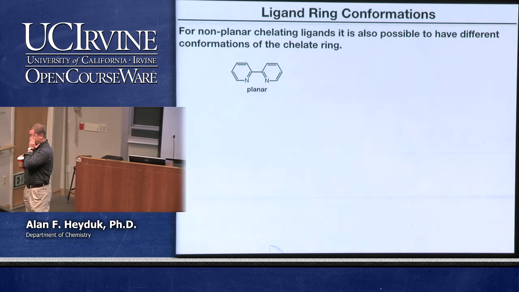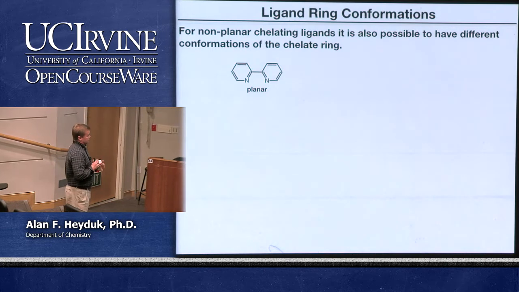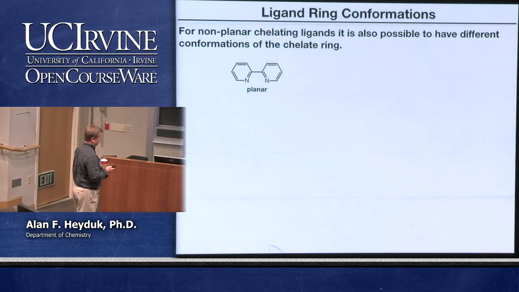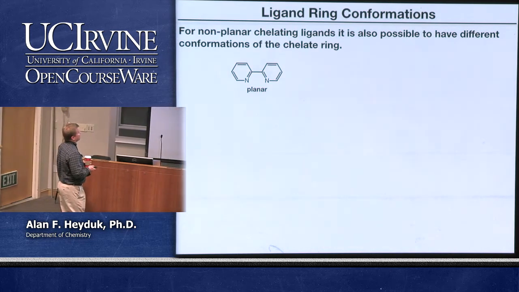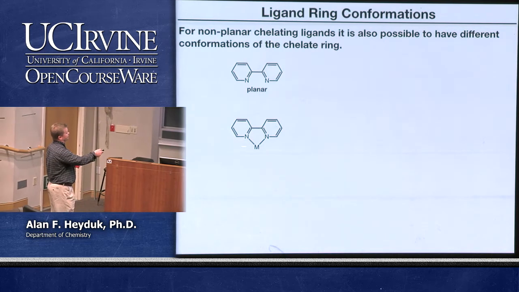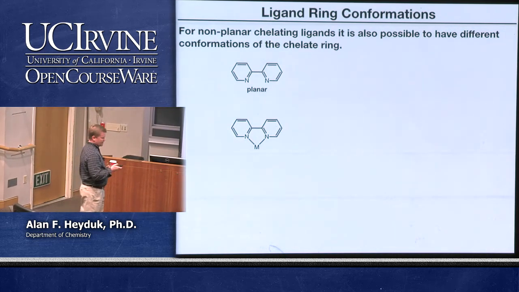Okay, so ring twist. It turns out rings can also give rise to chirality, but only if the chelating ligand is non-planar. So if we look at bipy, we said that bipy binds to a transition metal in this chelating fashion to form a 5-membered ring.